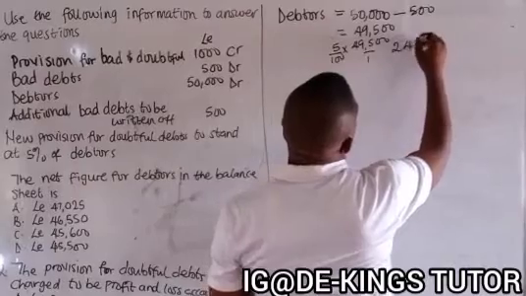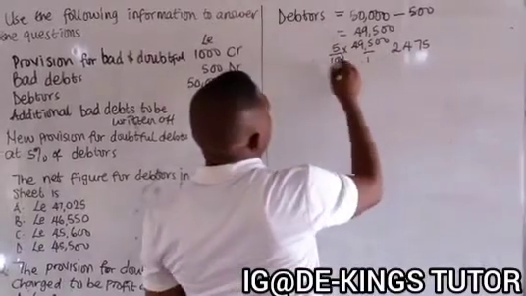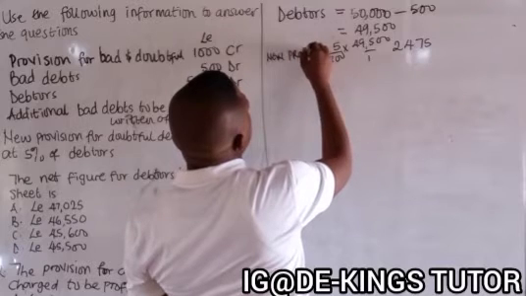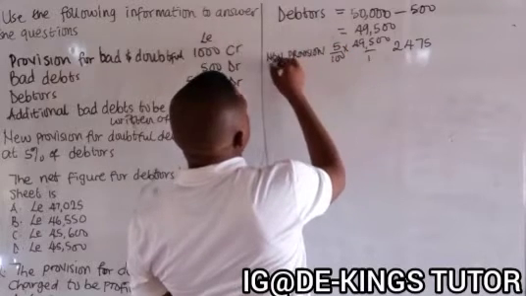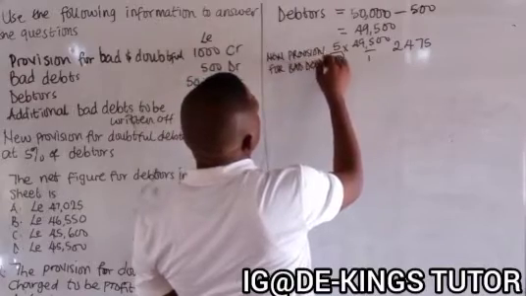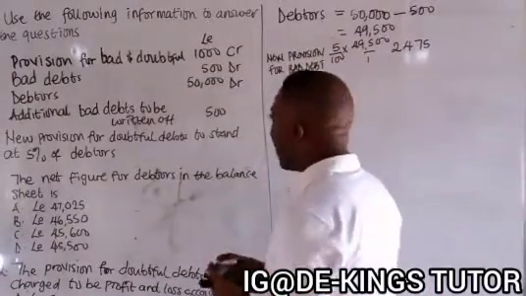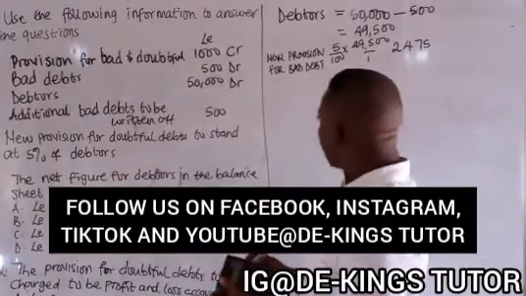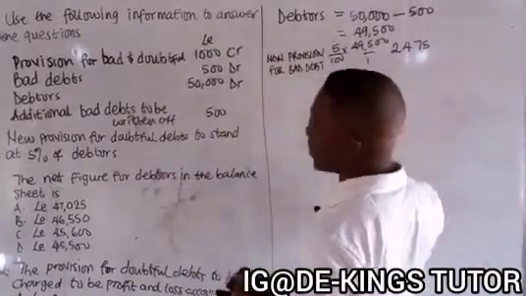This will give us 2,475 as new provision for bad debt. And remember, we already have an old provision here, 1,000. So this new provision is 2,475.